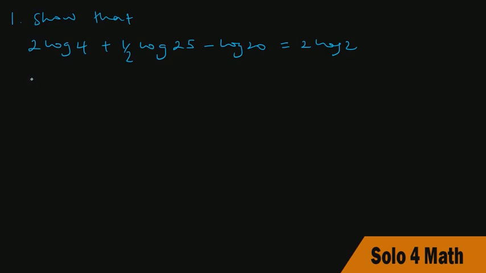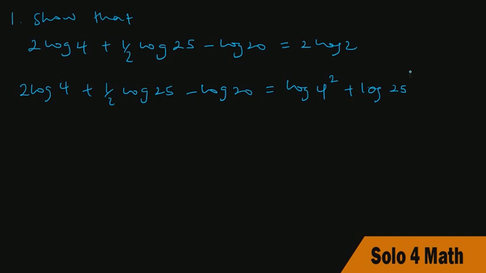So from the left hand side, 2 log 4 plus a half log 25 minus log 20 is equal to, right, we put the 2 up, so it will be log 4 squared plus log, put the half up, 25 to power half, then minus log 20.